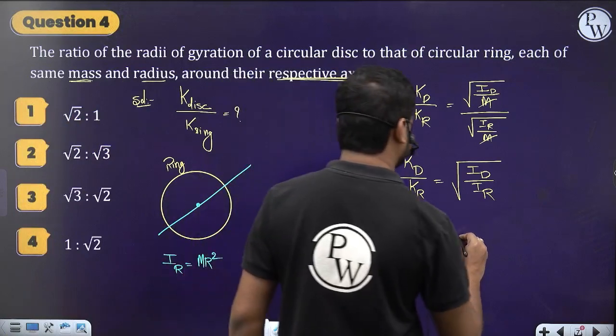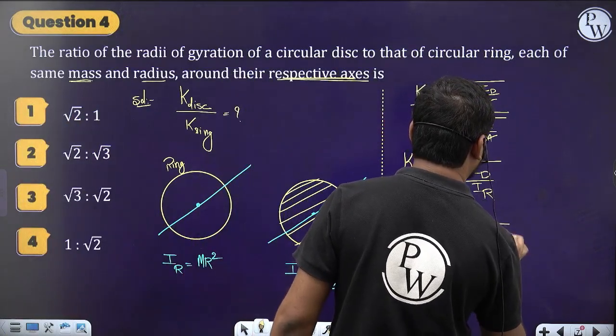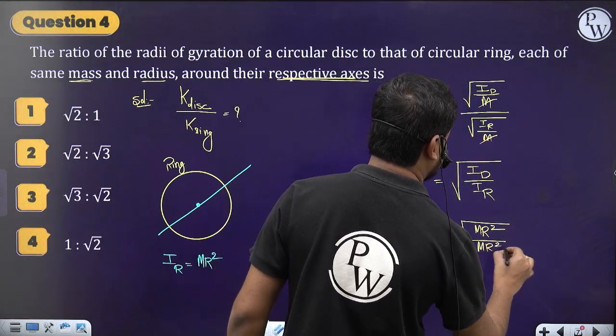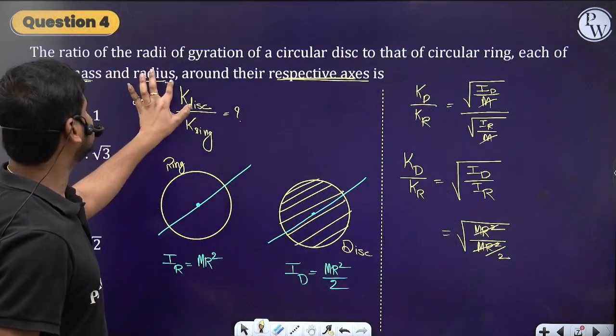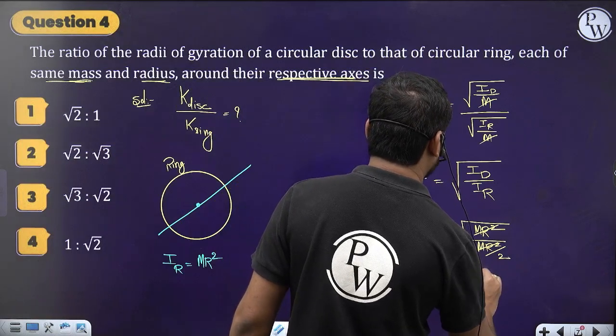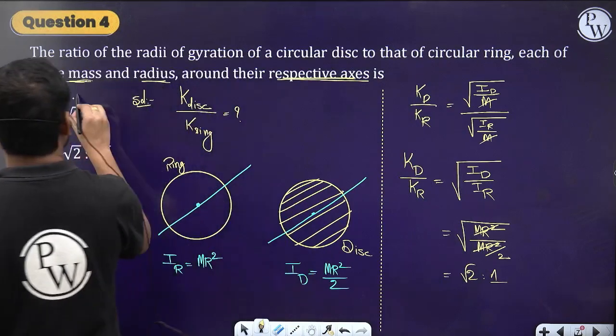So square root of I_D, what is I_D? mr square, and what is I_R, which is mr square by 2. Here mr square gets cancelled because they both have the same mass and same radius, so r square also gets cancelled. So it is root 2 is to 1. I can write this as root 2 is to 1.